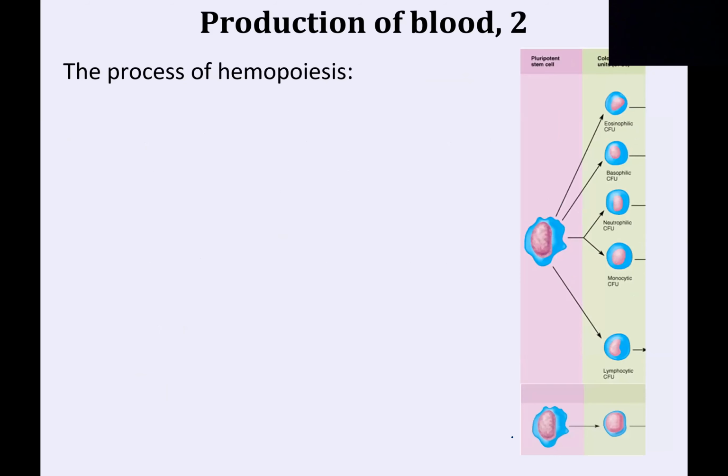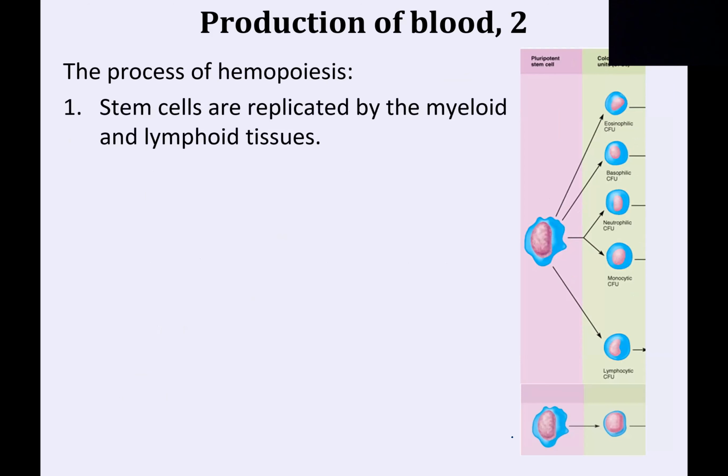Okay, the process of hemopoiesis. Step one, stem cells are going to replicate in the myeloid and lymphoid tissues. So this cell is going to replicate over and over.